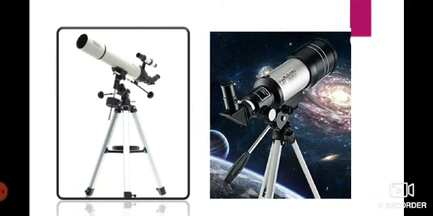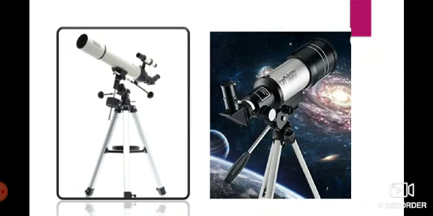And based on the things which are observed, the telescope is classified into two types, that is astronomical telescope and terrestrial telescope.